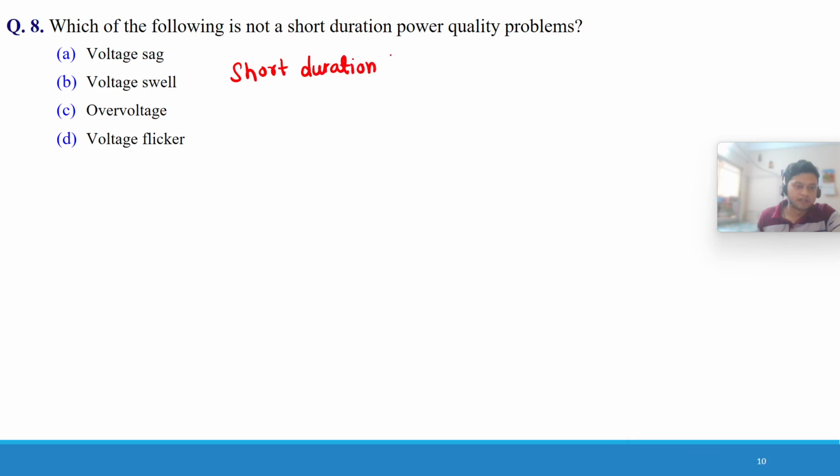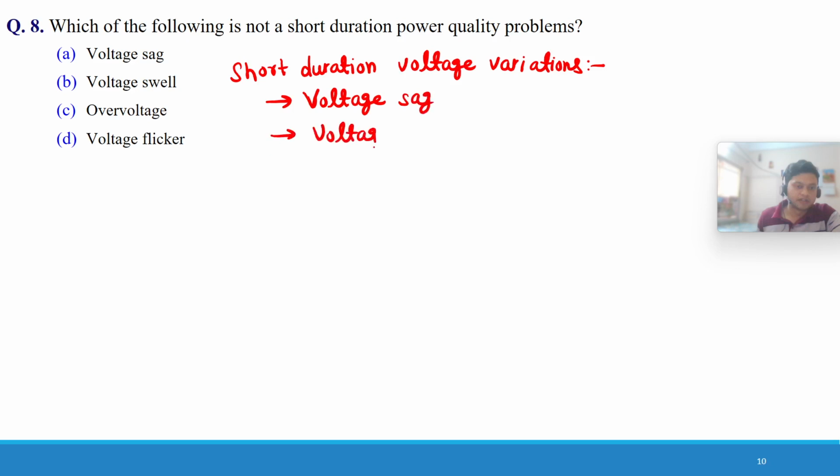Some of the important short duration voltage variations that are very familiar are voltage sag, voltage swell, and interruptions.